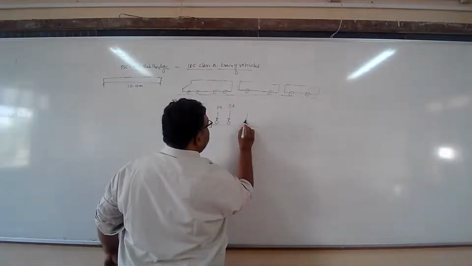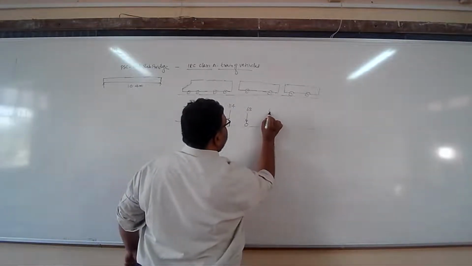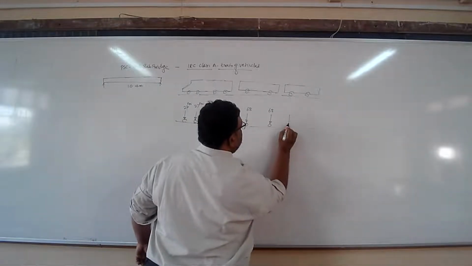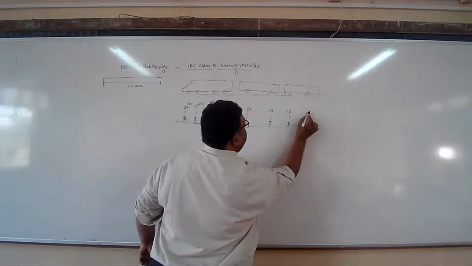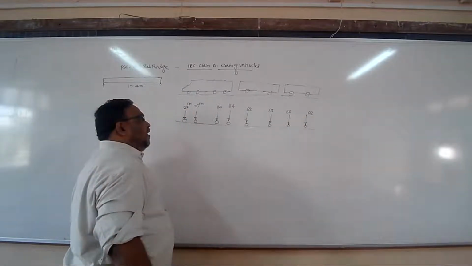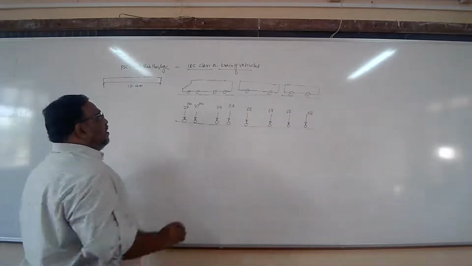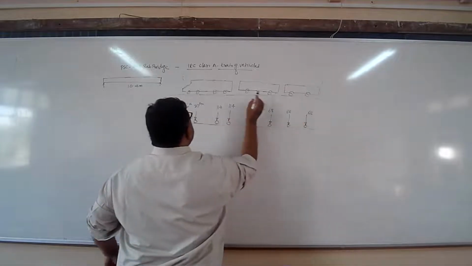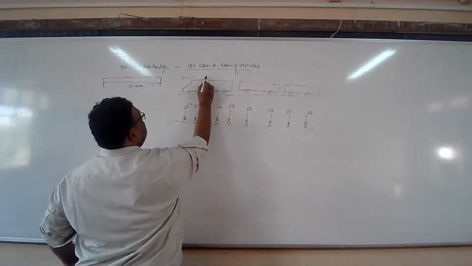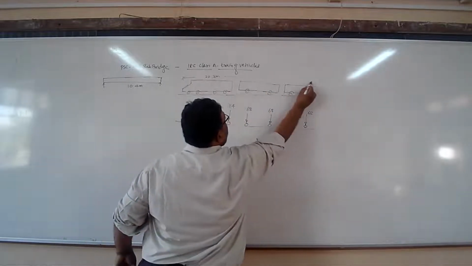Then it is 68 kilonewton, 68 kilonewton, 68 kilonewton, and 68 kilonewton. Is that right? It is given in IRC 6. If you see the nose to tail distance of one vehicle, the total distance was measured as 20.3 meters.